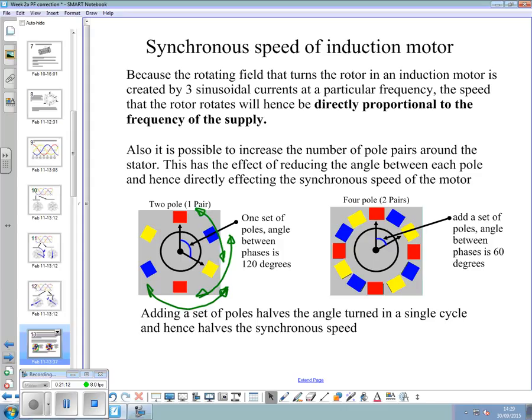Hence, for every one cycle of the mains, we're only going to move 180 degrees from red to red instead of 360. So we're effectively going to halve the synchronous speed by making it a 4-pole motor instead of 2-pole. You got that? Yeah.